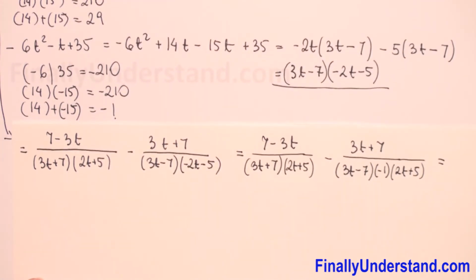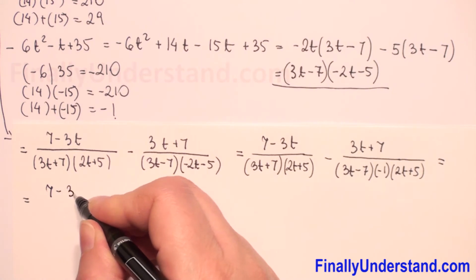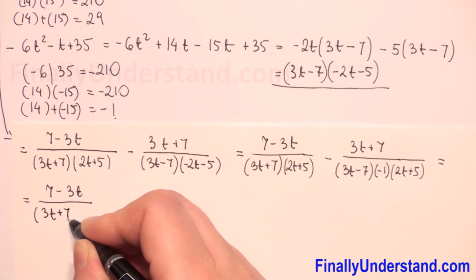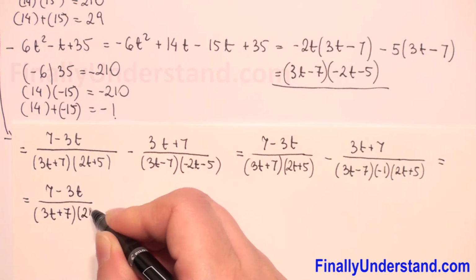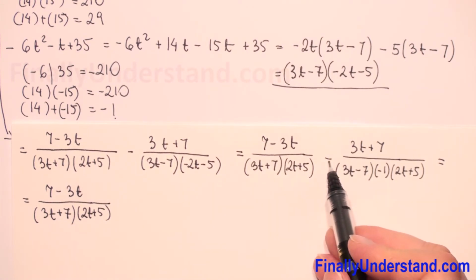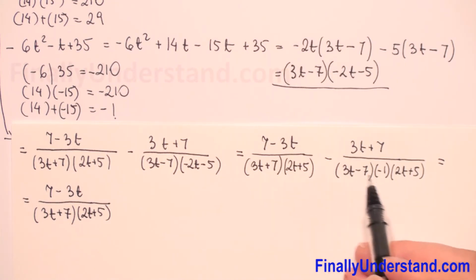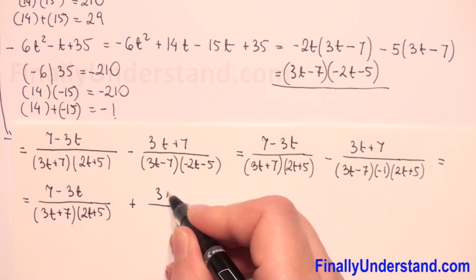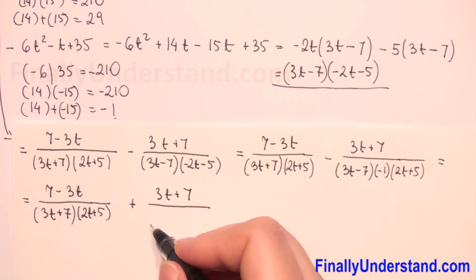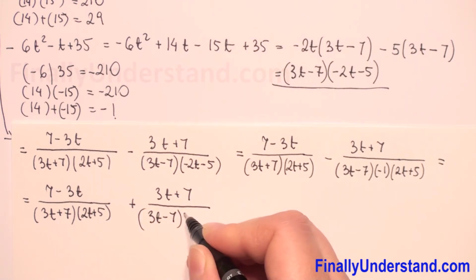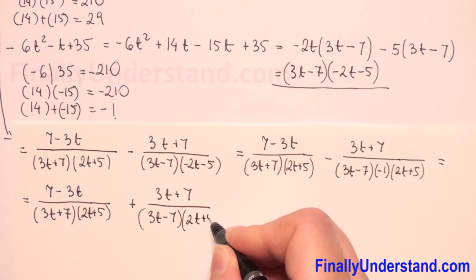So we will have 7 minus 3t over 3t plus 7 times 2t plus 5, and now we have negative and negative, which give me positive, so it will be plus. In the numerator we will copy 3t plus 7 over 3t minus 7 times 2t plus 5.